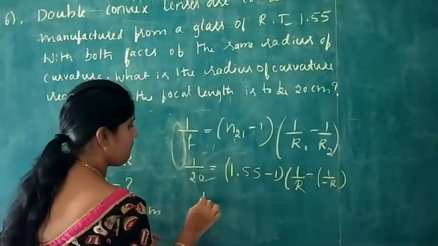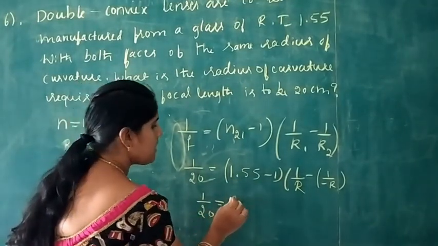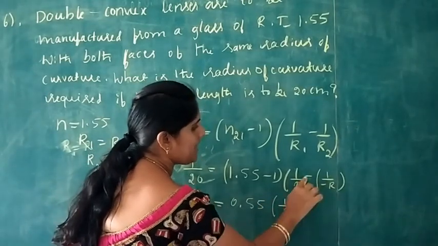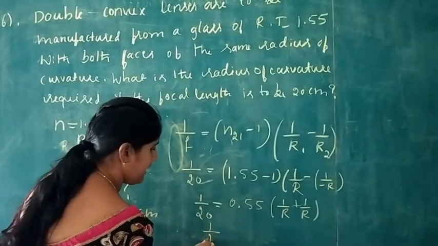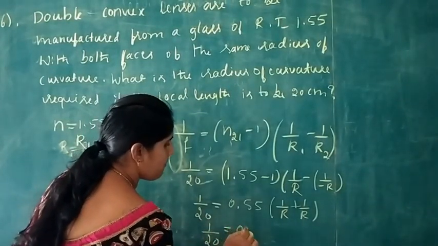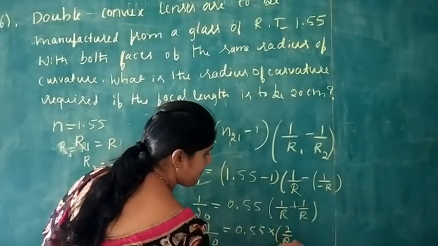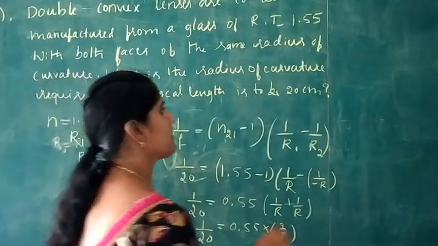We will get 1 by 20 is equal to 1.55 minus 1, that is 0.55, into 1 by R plus 1 by R. We will get 1 by 20 is equal to 0.55 into 2 by R. So we want the value of R, that is the radius of curvature.